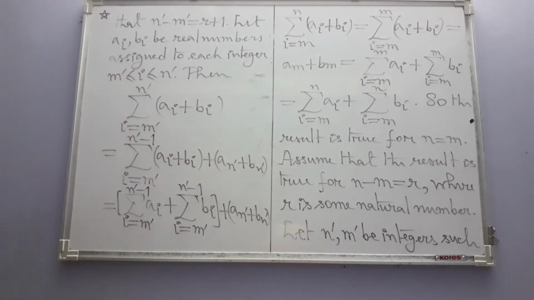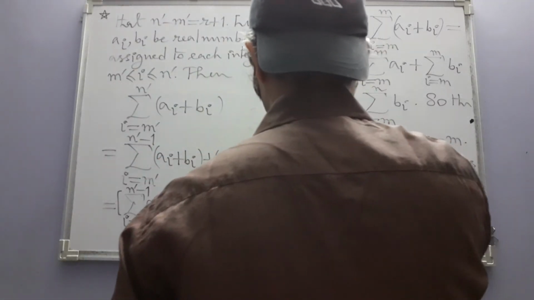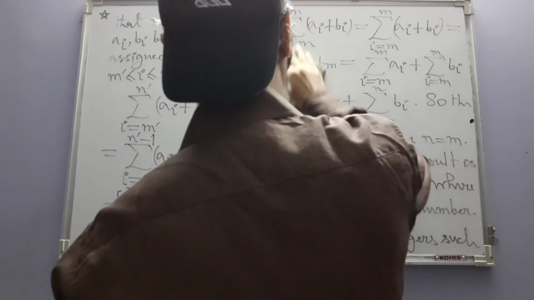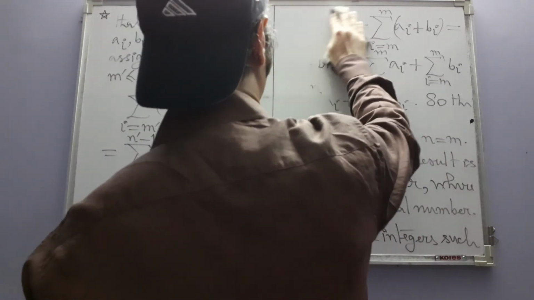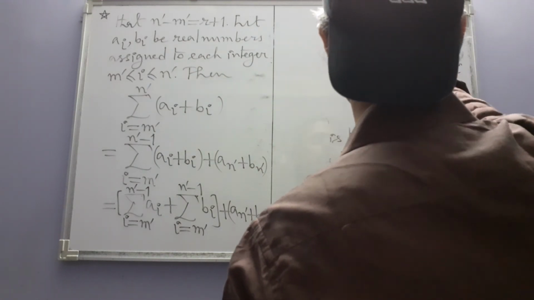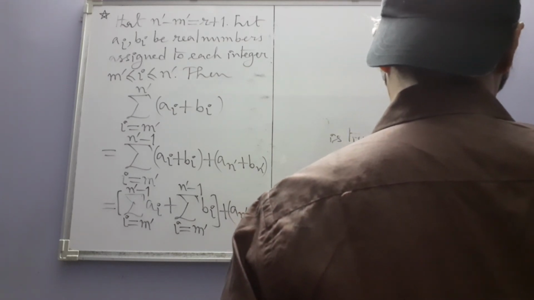Now you can imagine what you have to write in the next step. You just have to move the a_n prime closer to the a series and b_n prime closer to the b series, and then again apply the definition of finite series, and you have your result.